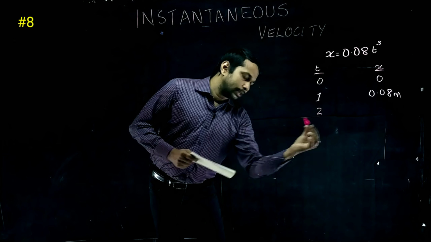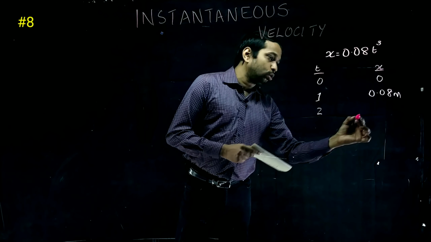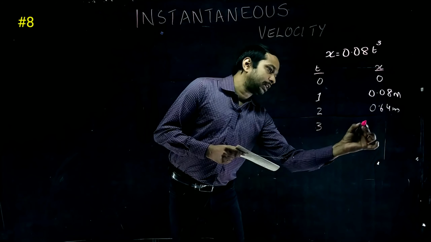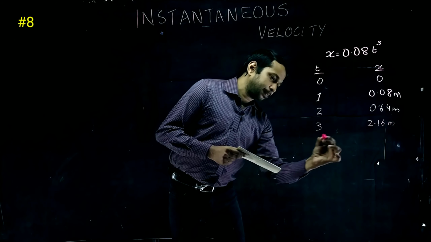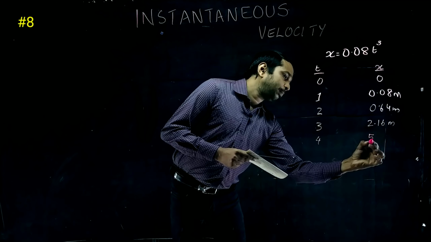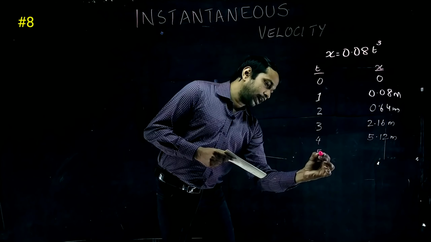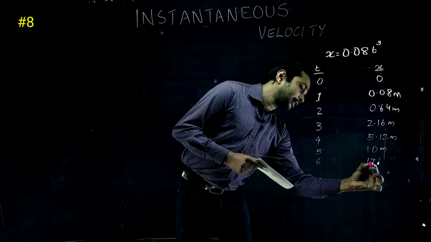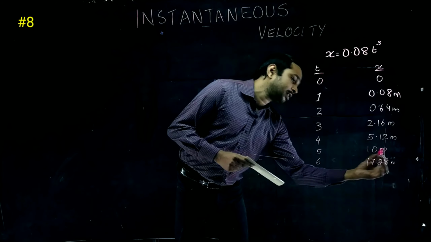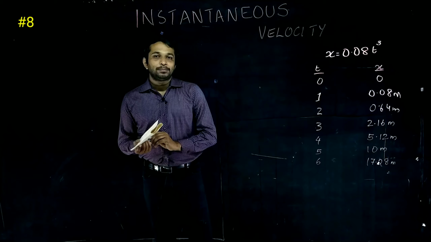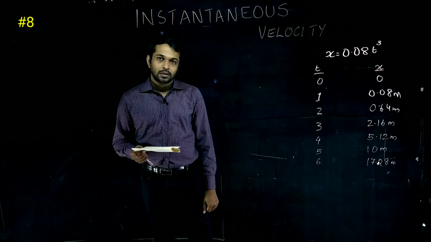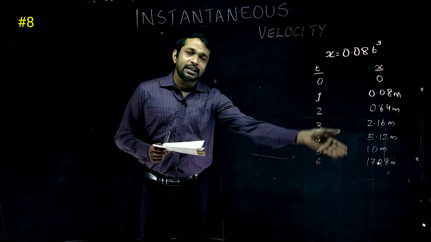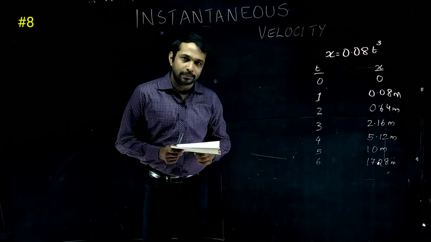Similarly at time t equal to 2, it has reached 0.64 meters, and at time 3 it is 2.16 meters, at 4 it is 5.12 meters, at 5 seconds it has reached 10 meters, and at 6 seconds it has reached 17.28 meters from the starting position, and this continues. What we have calculated here is the distance or the displacement from a starting point.